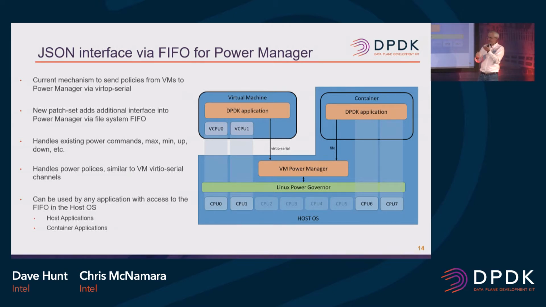So when it gets an interrupt, it handles that event, handles the data coming in, processes it, generates the policy, and then starts looking after whatever cores the application has told it to look after. But instead of going binary, we added JSON, which has been mentioned several times before yesterday and today.